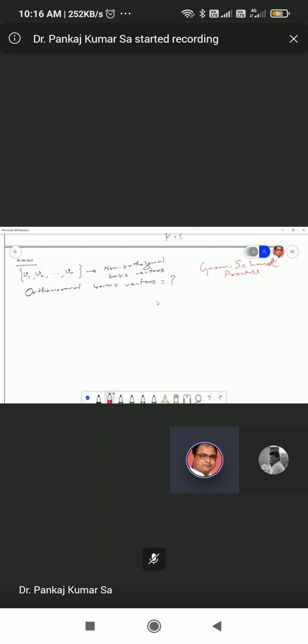Gram-Schmidt process. This is a very simple one actually. If you see, the target is to get orthonormal. So first let us get orthogonal, then we can convert it to orthonormal.